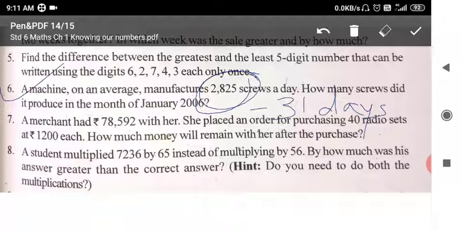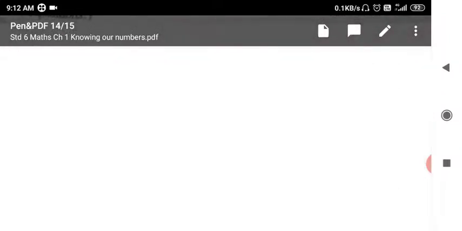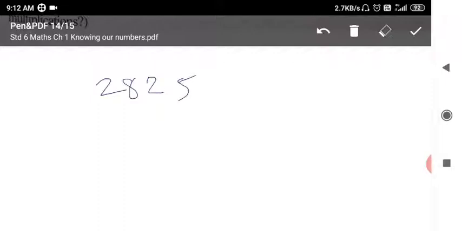So let's see the calculation here. It is producing 2825 screws in a day. So in the 31 days how many it produced? It means we have to multiply by 31.